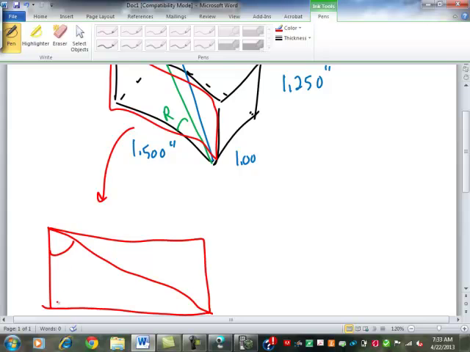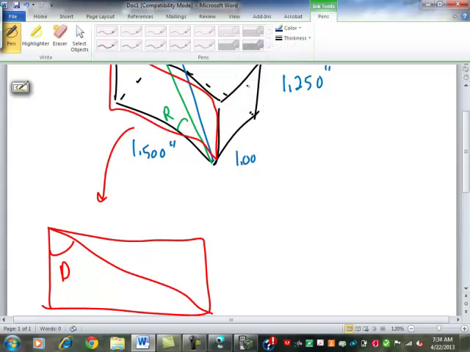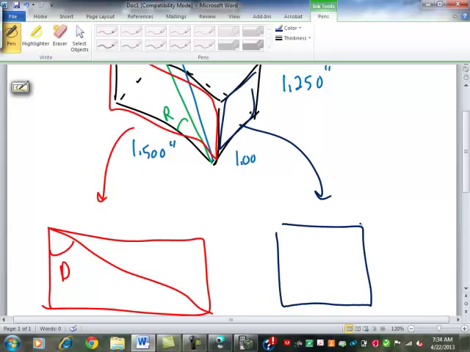So I'm going to look at having this angle here, which I'll call angle D. And then if I look at it from this side over here, the projection of the hole would be something like this. And then I have this angle here, which I'll call angle B.